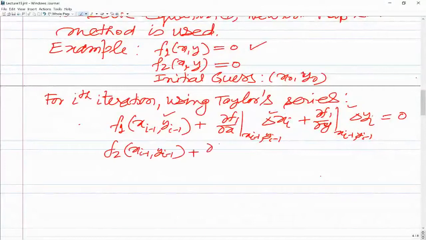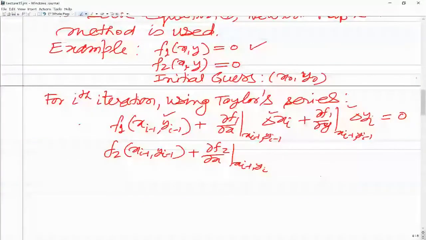plus del f2 by del x evaluated at x_{i-1}, y_{i-1} into delta x_i, plus del f2 by del y evaluated at x_{i-1}, y_{i-1} into delta y_i, equal to 0.